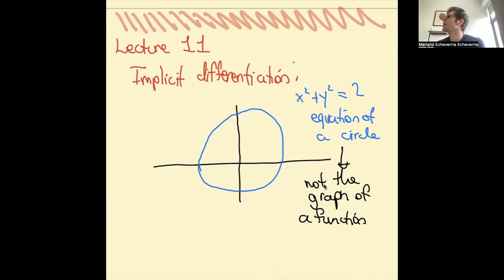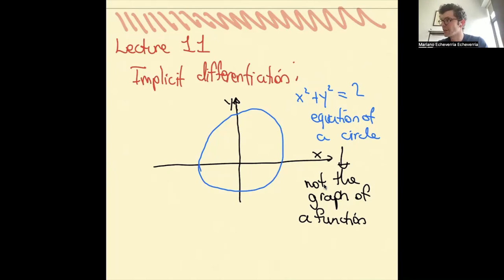Not the graph of a function. Anyone remembers why this is not the graph of a function? Because it doesn't pass the vertical line test. Yeah, correct.